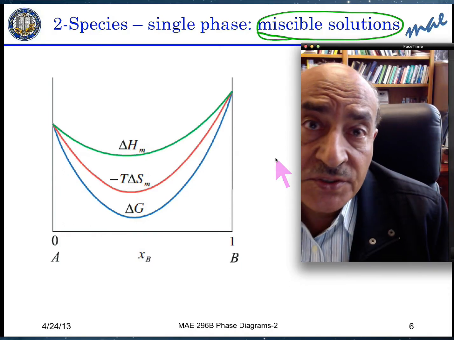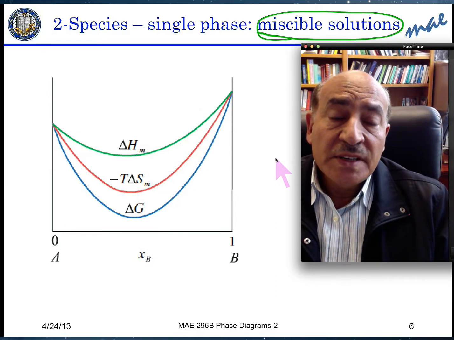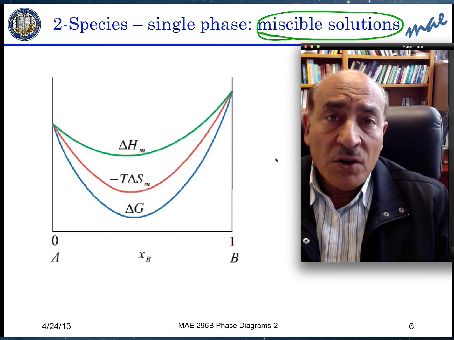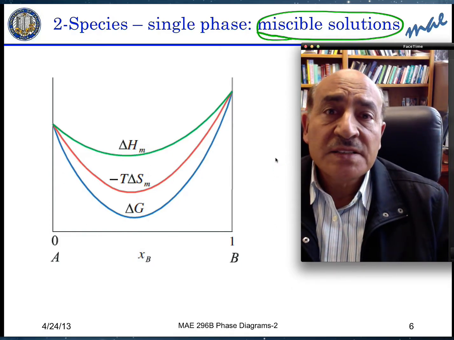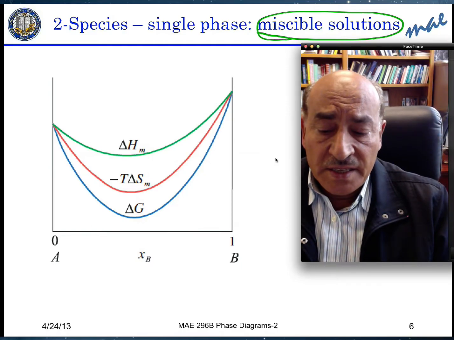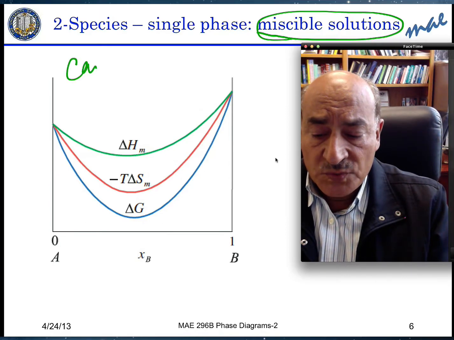A miscible solution is a solution that is stable. It doesn't separate into phases. You mix two elements, and they're always together homogeneously in space.